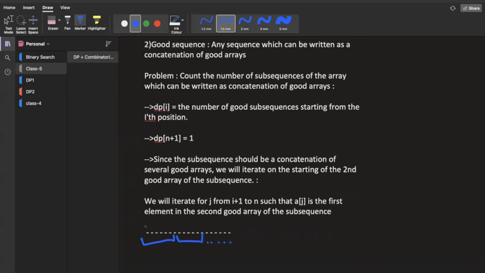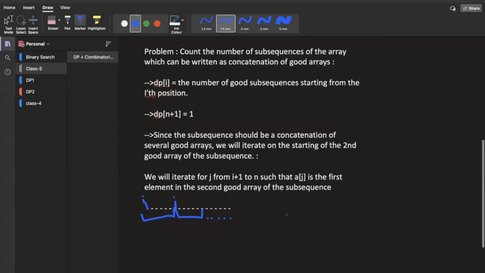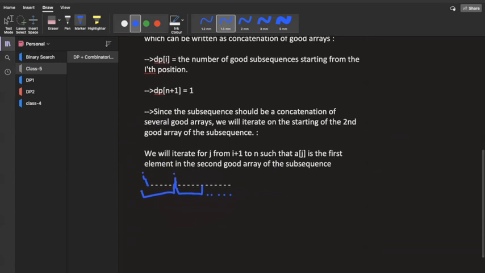We know that this is the position I, and this is the position J where the second good subarray is starting, right? So now, can anybody tell me what kind of transitions are we going to have here? Also, forget about the transitions. Can anybody tell me how many elements should be there in this particular range in the first subarray?